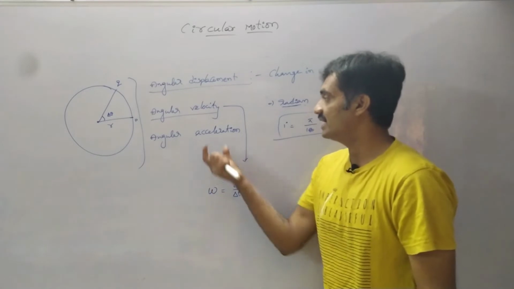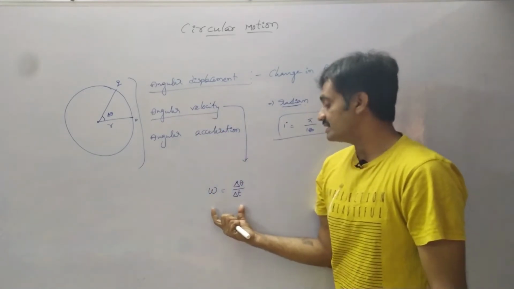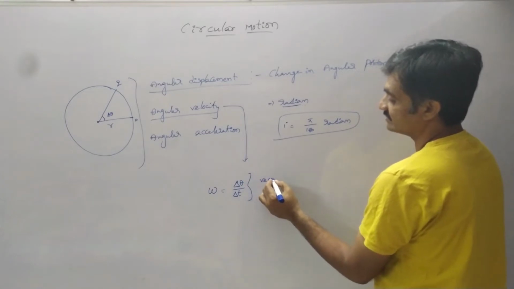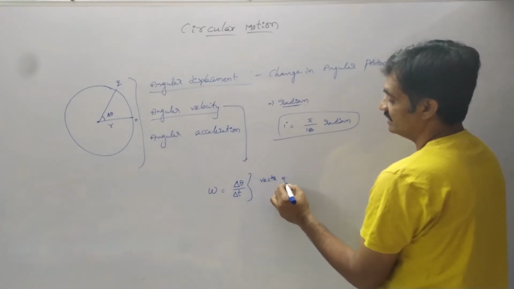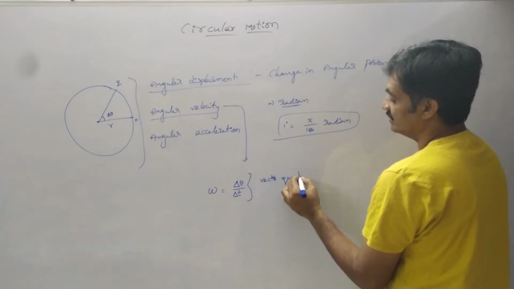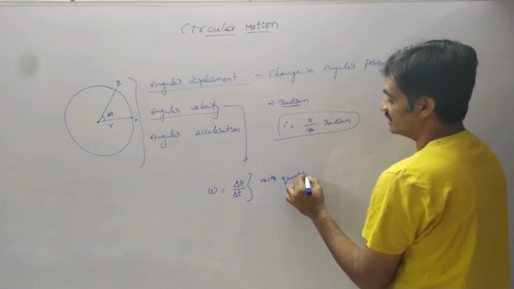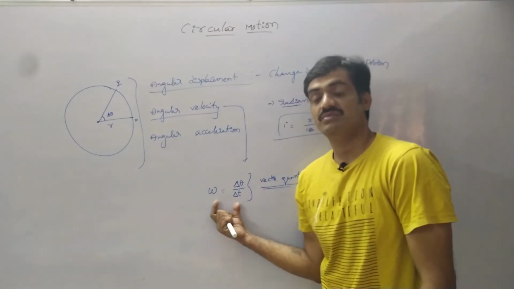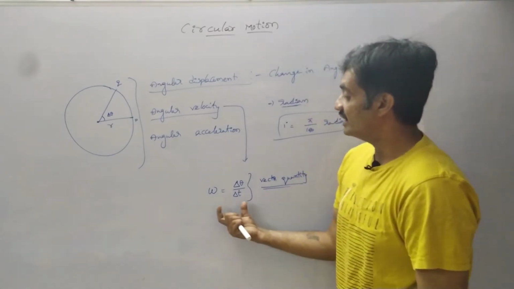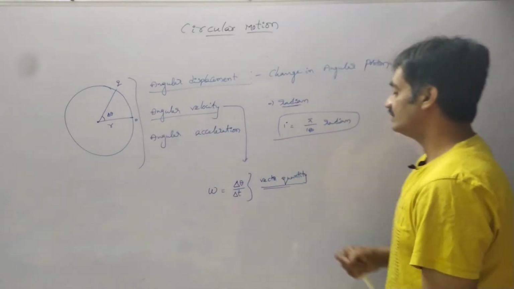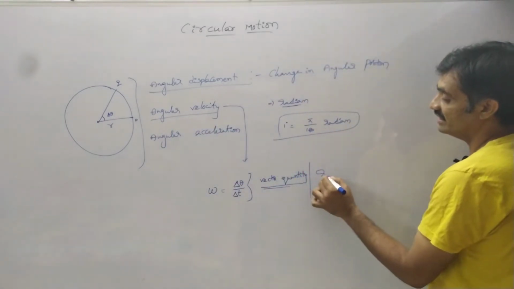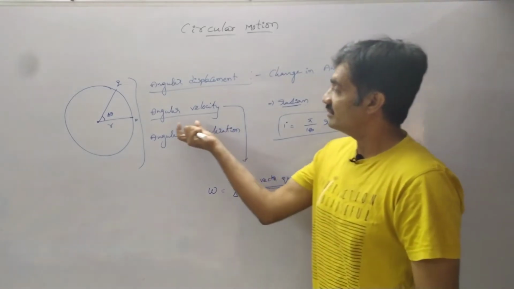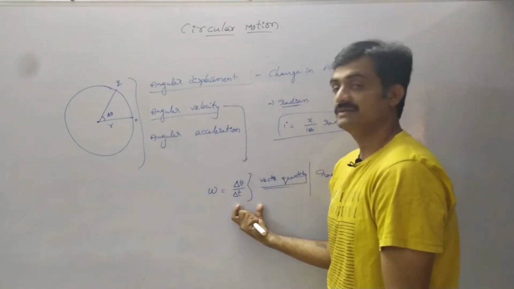This represents angular velocity, which is a vector quantity. Why? Because it has a specific direction, and we can represent magnitude as well as direction. That's why angular velocity is a vector quantity, whereas the SI unit for angular velocity is radian per second.